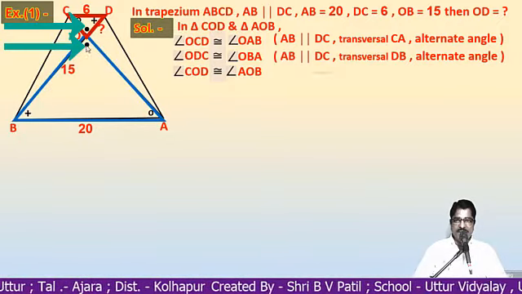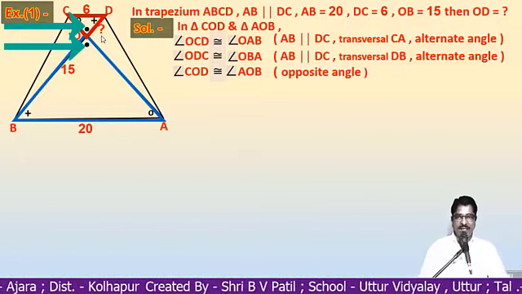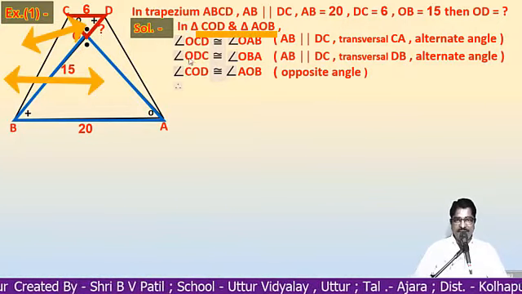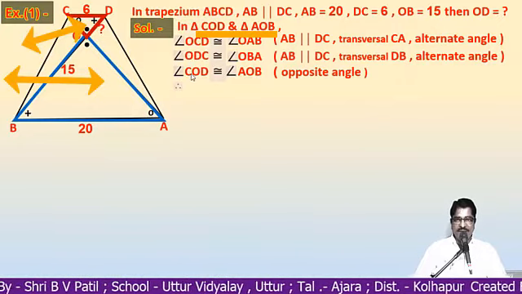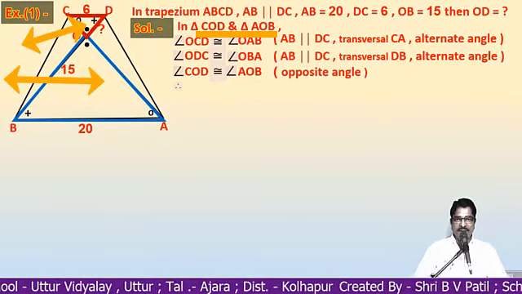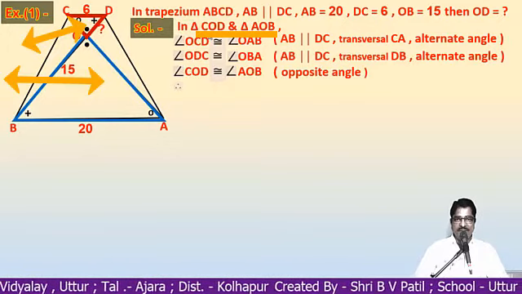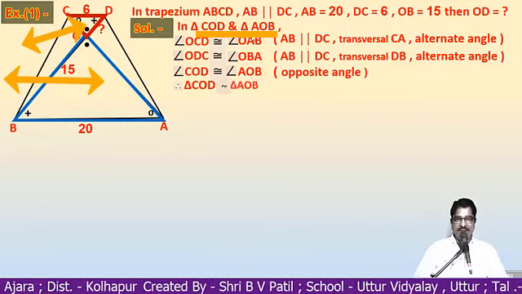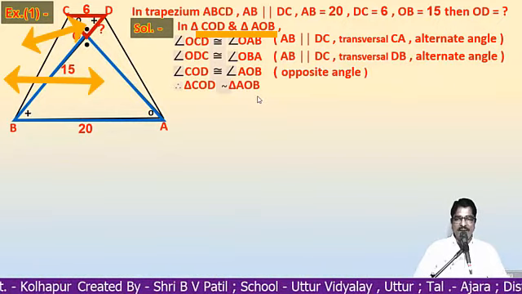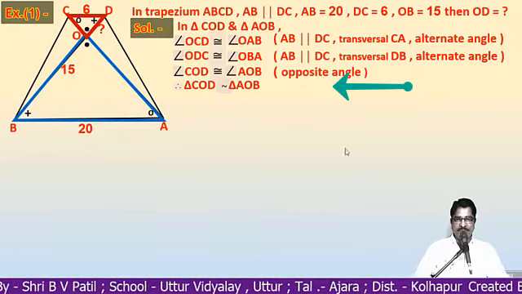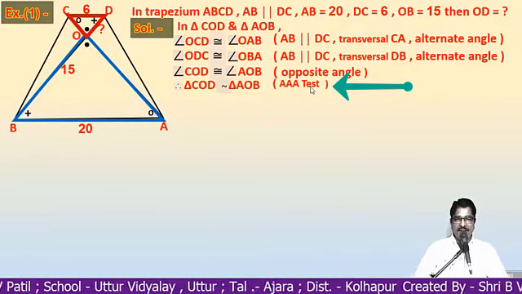Because these are opposite angles. Therefore, if we get three conditions, what do we write as conclusion? The two triangles are similar: triangle COD is similar to triangle AOB, and the reason is AAA test.